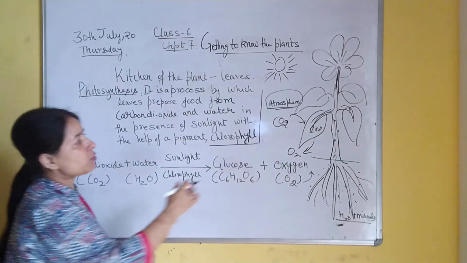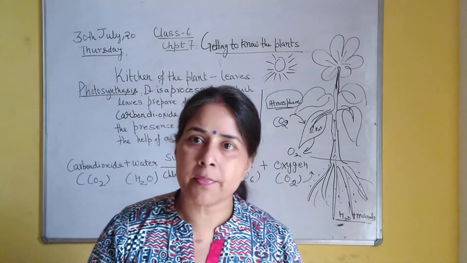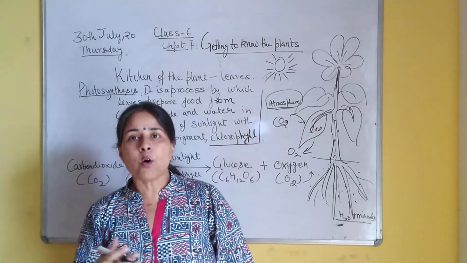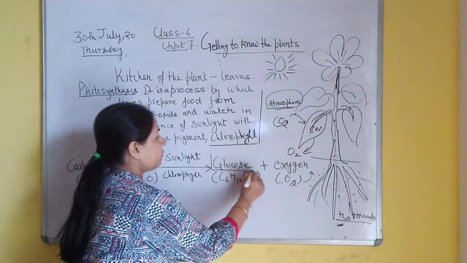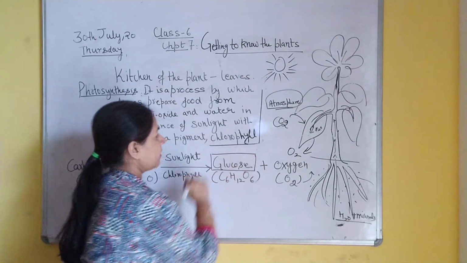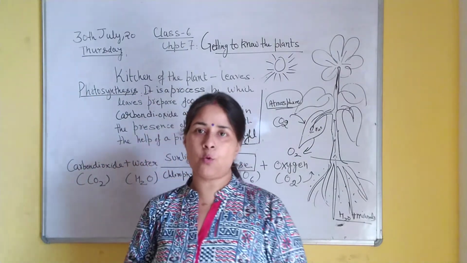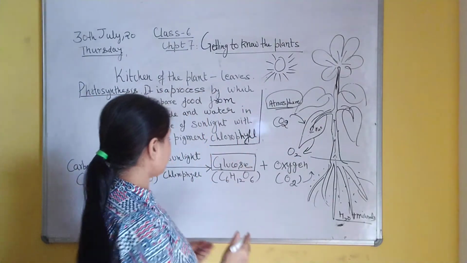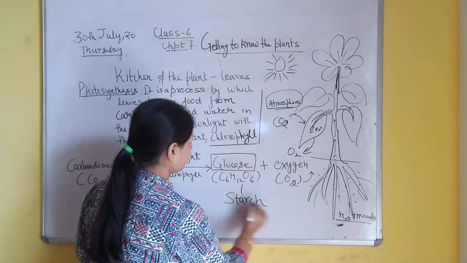Oxygen gets released, and the carbon dioxide is used by the leaf, giving out oxygen as an end product. Now this food, the simplest form is glucose. It gets changed into different types of carbohydrates and starch.